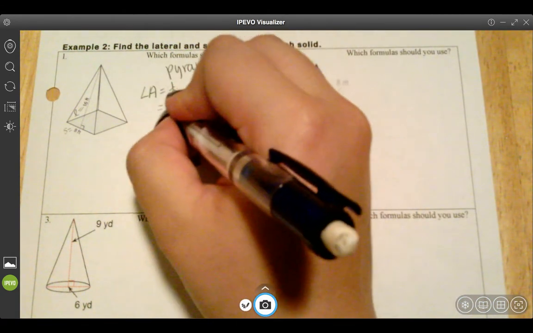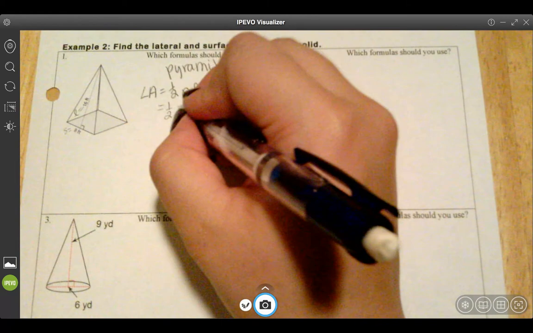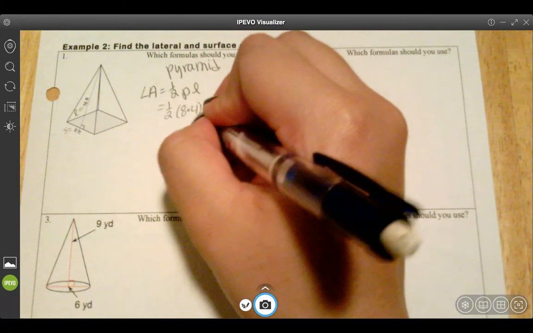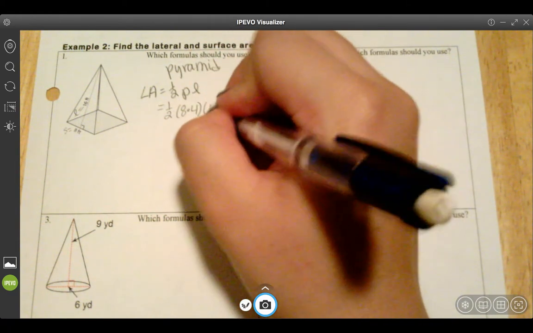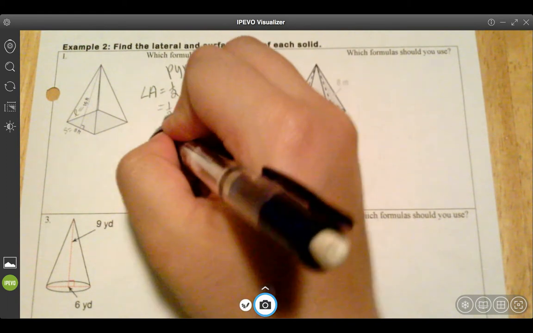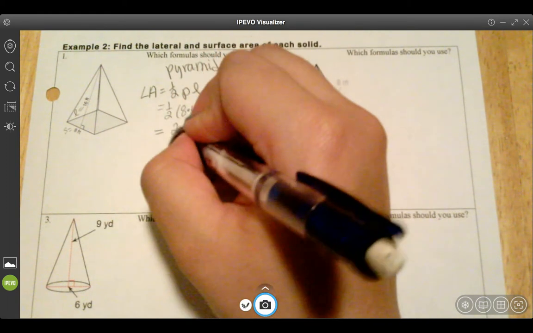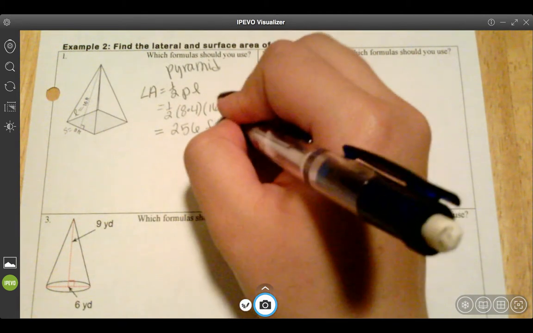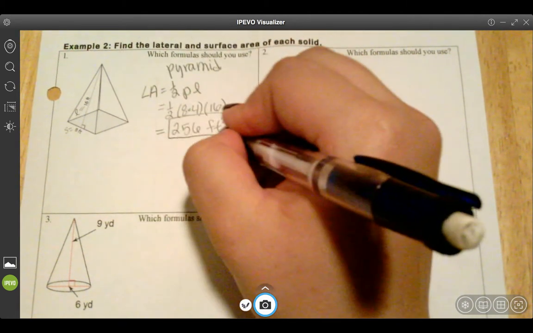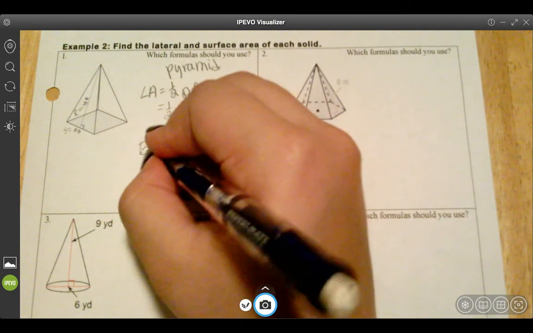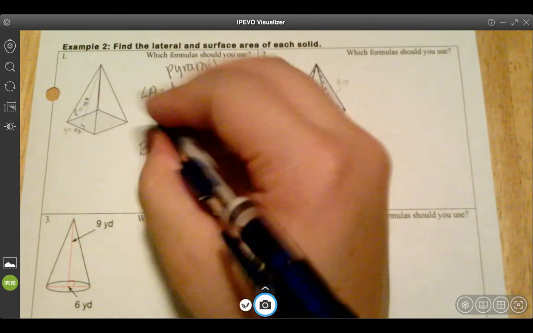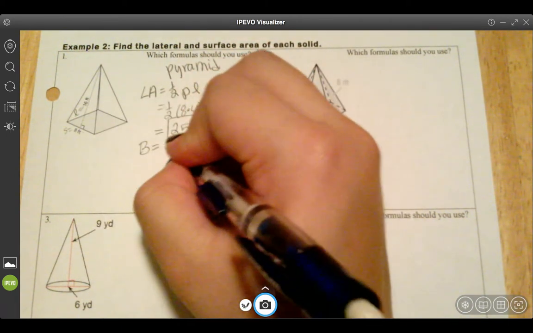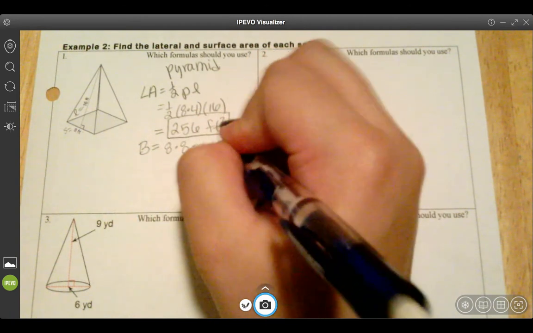Okay, so lateral area is 1/2 perimeter, that's 8 times 4, times lateral height, which is 16. We can put that into the calculator to get 256 square feet. To find the base area, the base is a square, so that's going to be 8 times 8, which is 64 square feet.